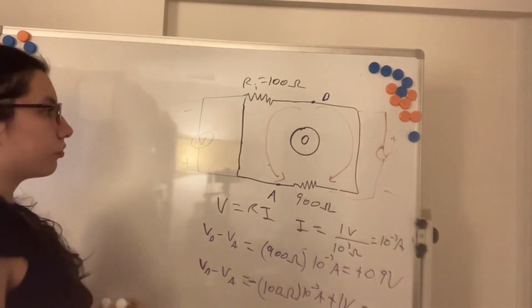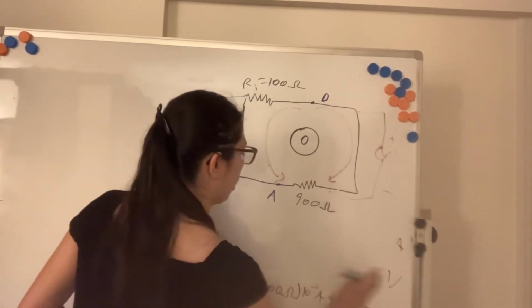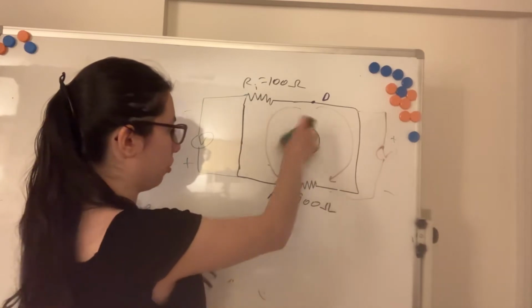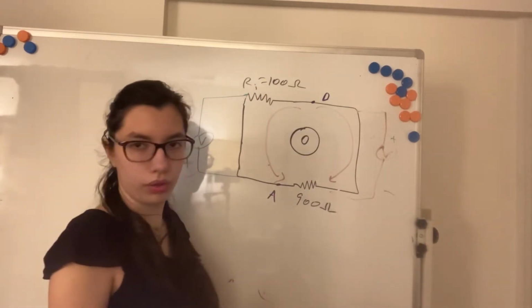Again, in some moment the inductor would produce a voltage of 1 volt.